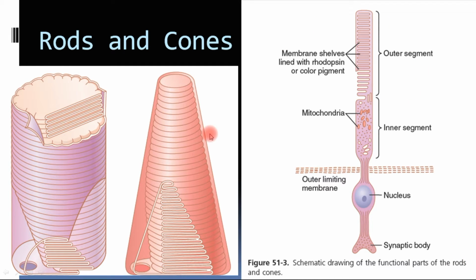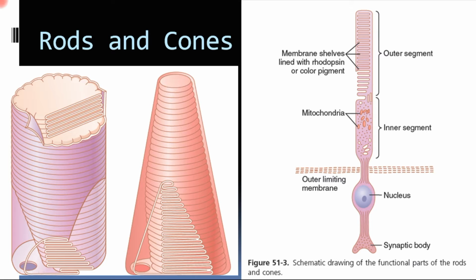One difference between rods and cones is, as you can see, the rods are slender and cylindrical in shape, whereas the outer segment of the cones is conical in shape. The diameter of rods can be from 2 to 5 micrometers, whereas the diameter of cones can be 5 to 8 micrometers.